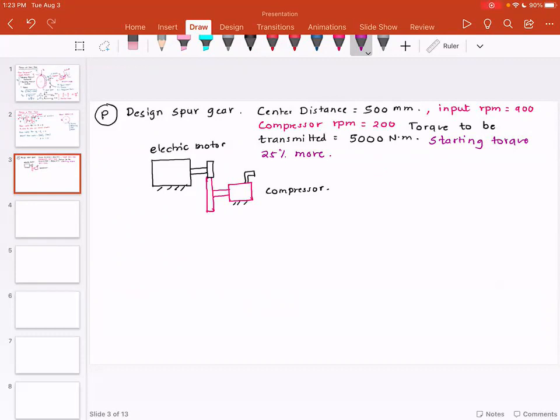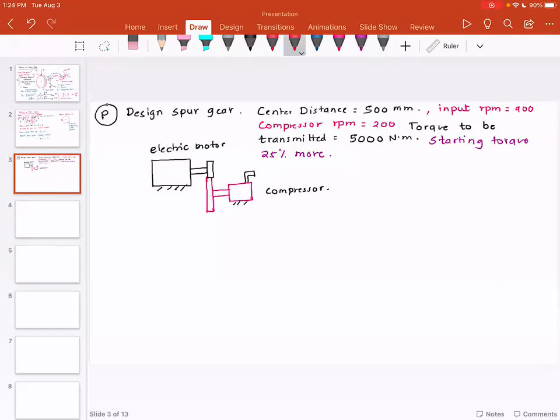And also you have to overcome the static forces and static frictional forces. Once the things are set in motion, the coefficient of friction drops down, the lubrication is circulated throughout the gear train and other mechanical components, and overall frictional torque drops down. So it's a good assumption to use 25% more torque.